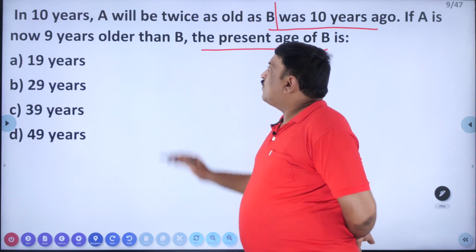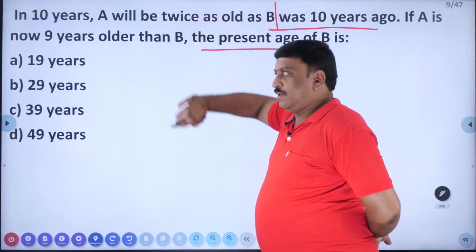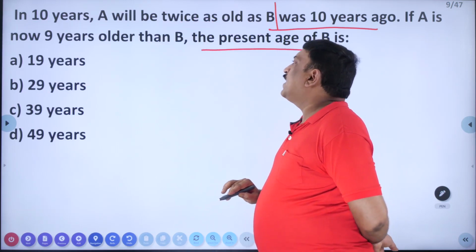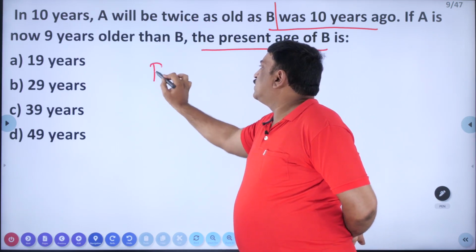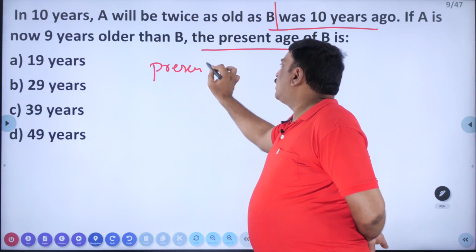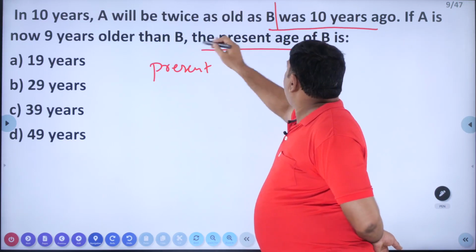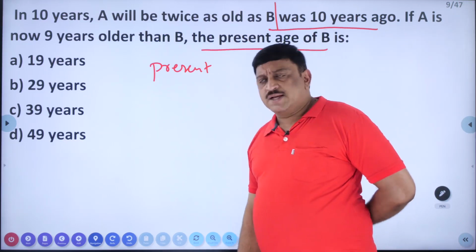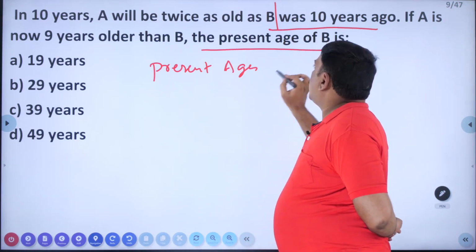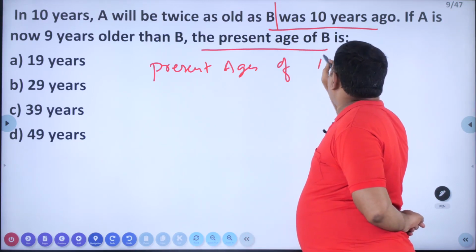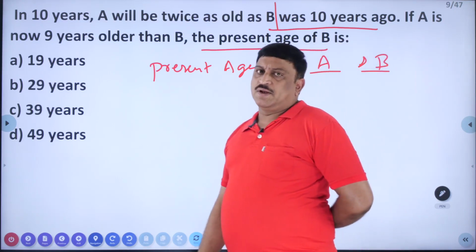Okay. So information part is something we write in the right hand side, ratio part left hand side. Okay, but the case is here. Let us consider present ages of A and B, because there are 10 years after, 10 years ago is there, and present. So the same thing, you write that one A and B itself.